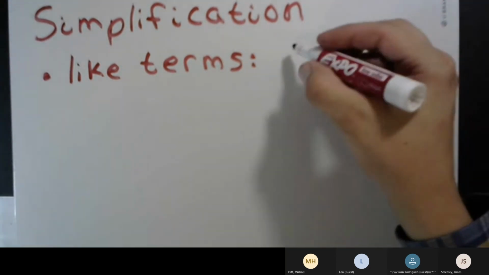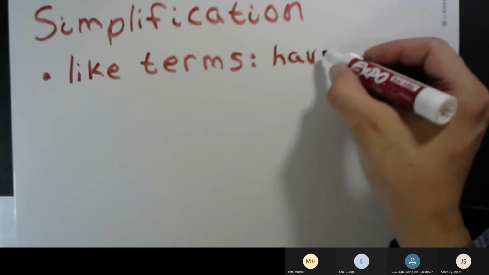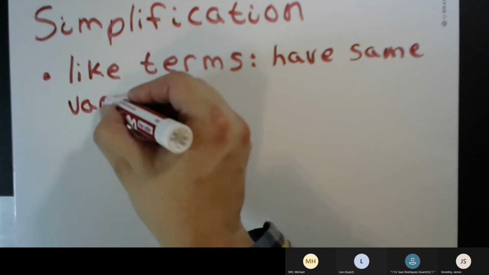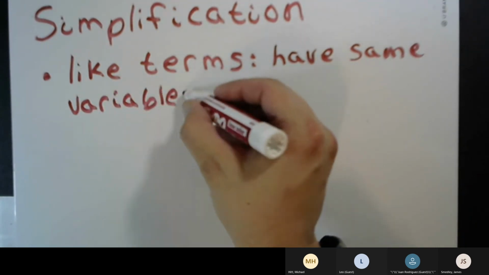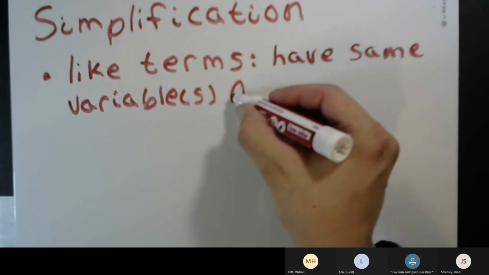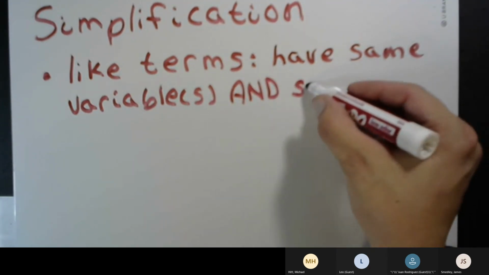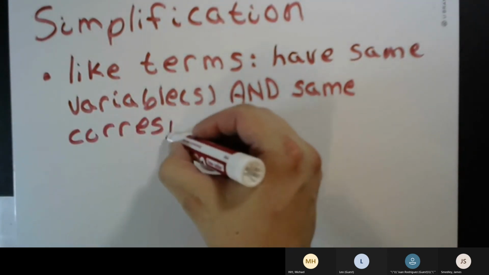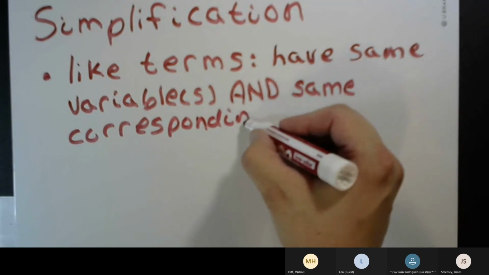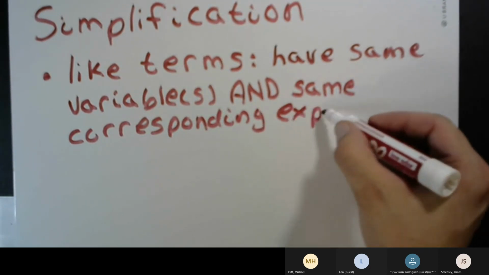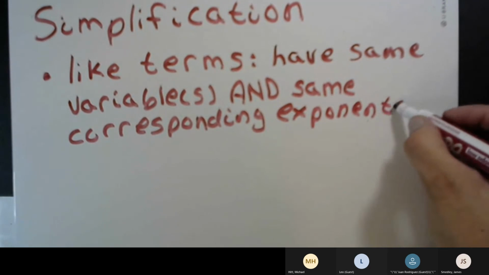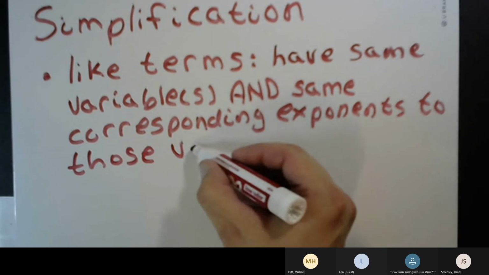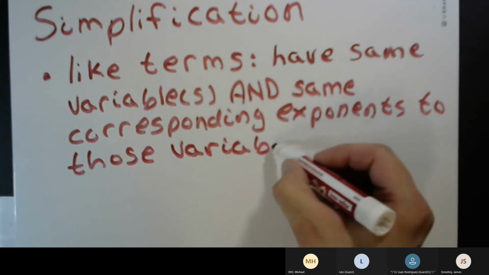And like terms have the same variable or variables and the same corresponding exponents to those variables.